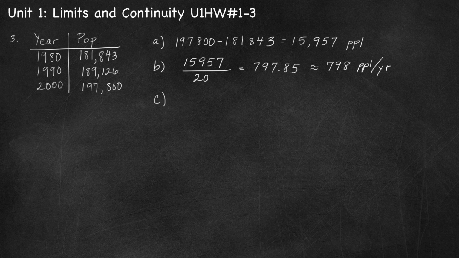Part C, what does f of b minus f of a over b minus a measure on the graph of y equals f of x over the interval from a to b? Well, that's the calculation that we just computed in part B. So that is giving us the average change in population per year.